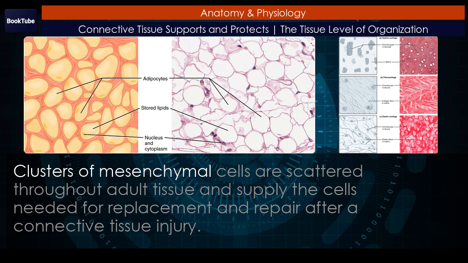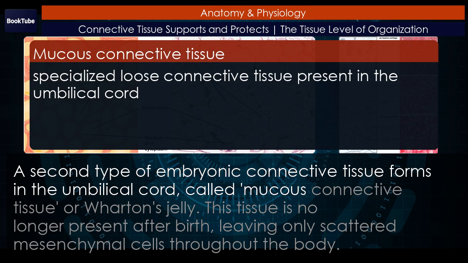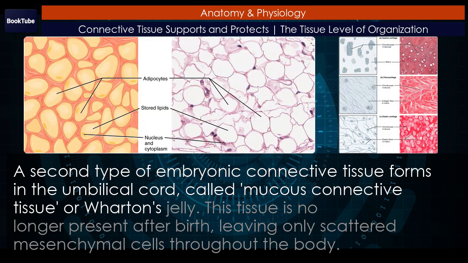Clusters of mesenchymal cells are scattered throughout adult tissue and supply the cells needed for replacement and repair after a connective tissue injury. A second type of embryonic connective tissue forms in the umbilical cord, called mucous connective tissue or Wharton's jelly. This tissue is no longer present after birth, leaving only scattered mesenchymal cells throughout the body.